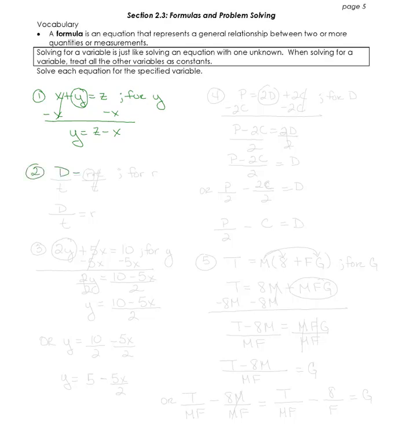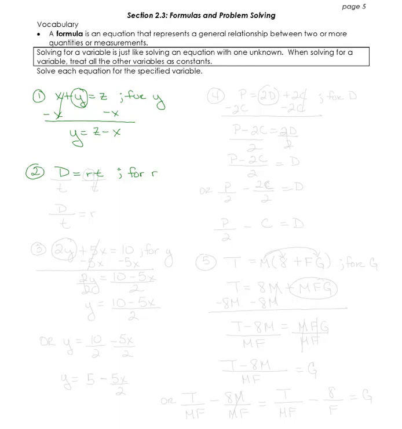Here you go. d is equal to r times t, and we're solving for r. Given the distance and the time, we want to find the rate, so we can convert this distance formula.